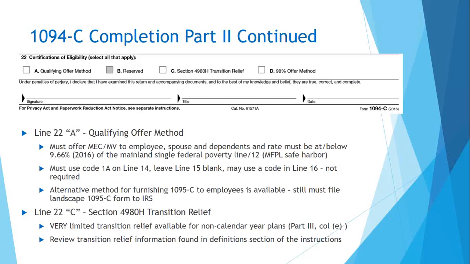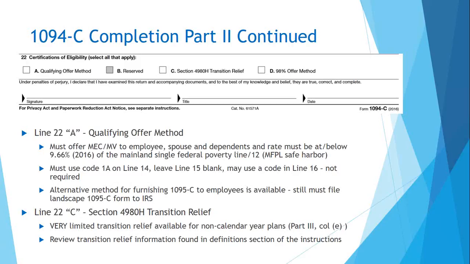So if you're able to use the qualifying offer method and you've met that requirement of employee, spouse, dependents, and at or below $95.38 per month for the employee-only rate, then you don't need to put anything in line 16. So if someone's covered for all 12 months, they've been with you, they were on the plan all 12 months, all you have to do is put 1A in one box and you are done with that employee. Your reporting just got a whole lot simpler.